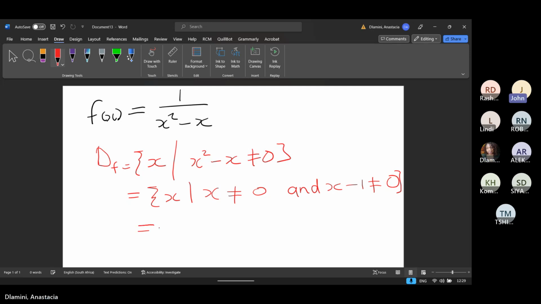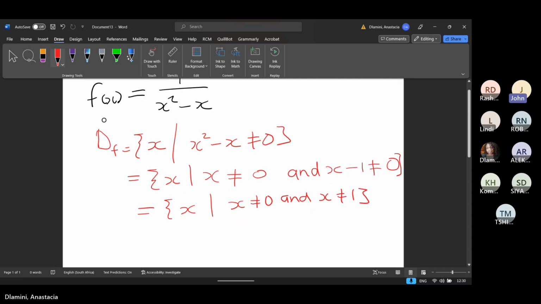And therefore x is not equal to 1. Did you see how you solved it, guys? So this is the final answer. Hello? Guys, did you see that? Yes, ma'am.